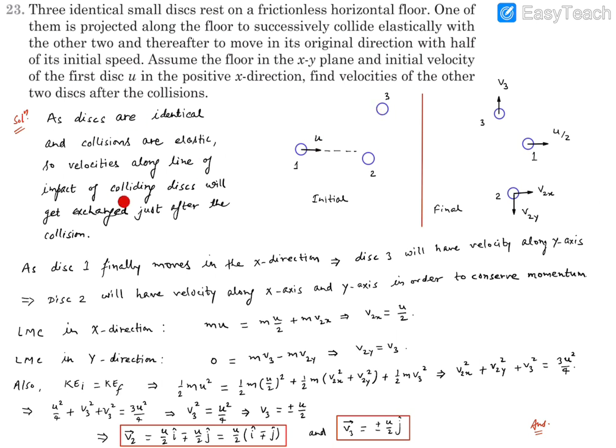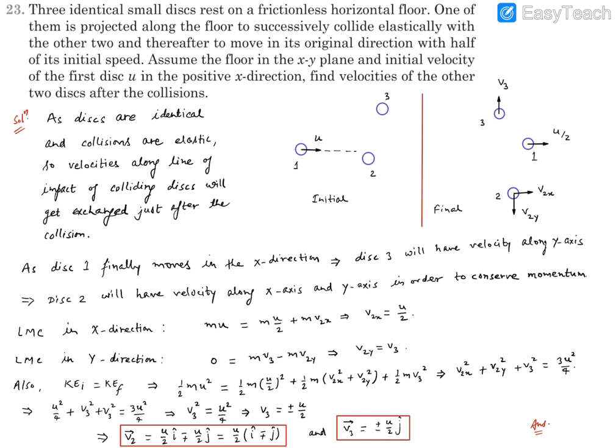We know that in elastic collisions of identical bodies, along the line of impact, velocities are exchanged just after the collision. Now, since this one ball finally moves in its original direction, this says a lot.